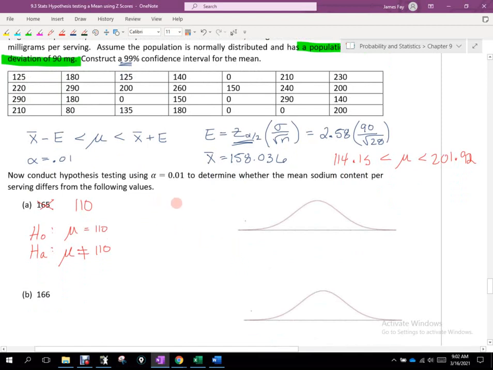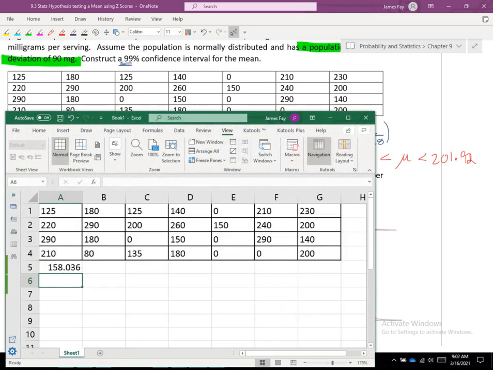But we need to find, if alpha is 0.01, and because it differs here, it's a two-tailed test, right? So we're going to draw a picture of two tails. And this number right here, going with the two tails, remember, we've already calculated this.